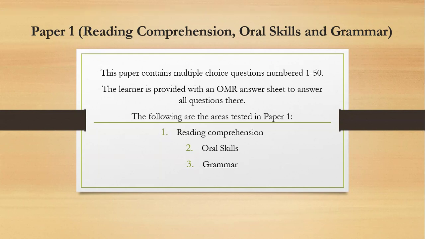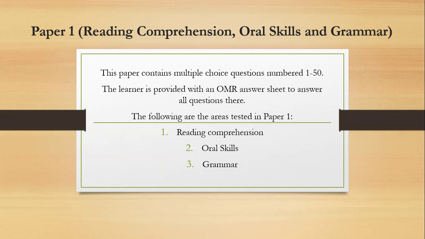Allow me to get deeper into the first part, which is reading comprehension, and do some emphasis that there is a lot of emphasis in the KJSEA paper on reading comprehension.